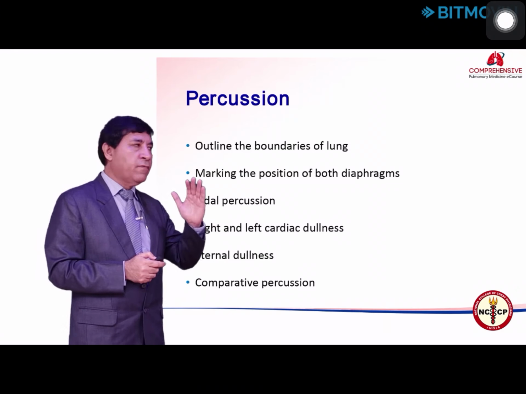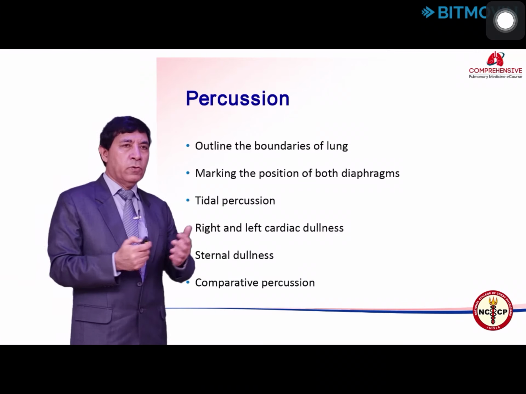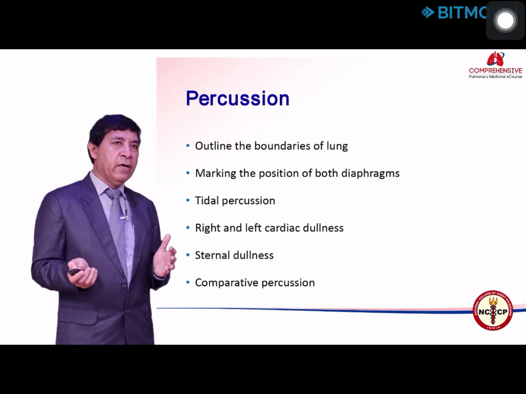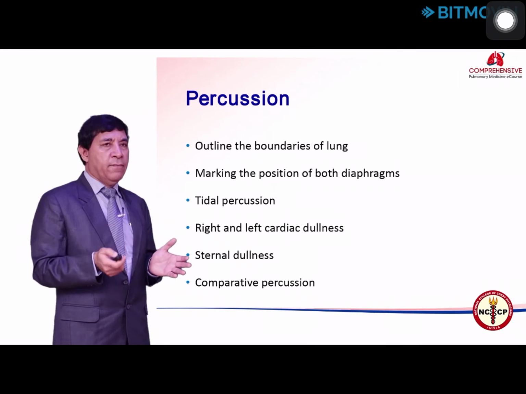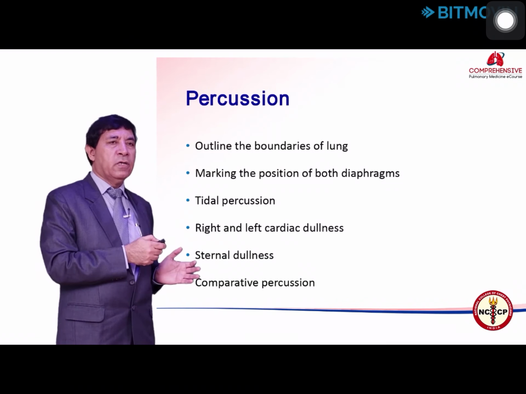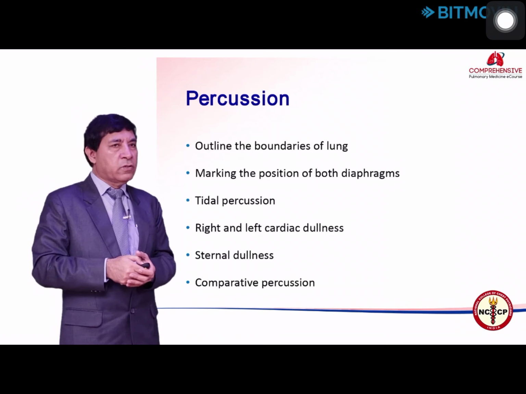So, you start from above downward and try to localize both diaphragms. We know that the position of the diaphragm is different on left and right. On one side you have the 6th, 8th and 10th position. On the other side you have the 5th, 7th and 9th intercostal spaces.